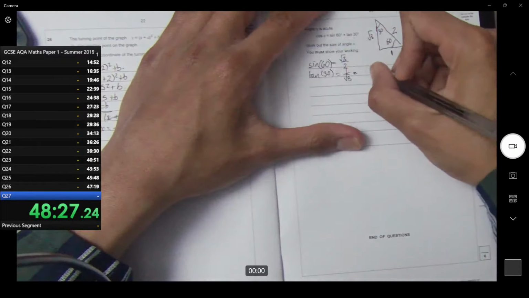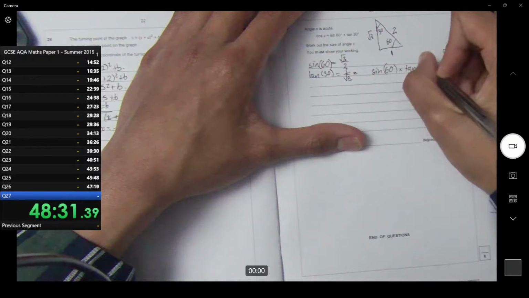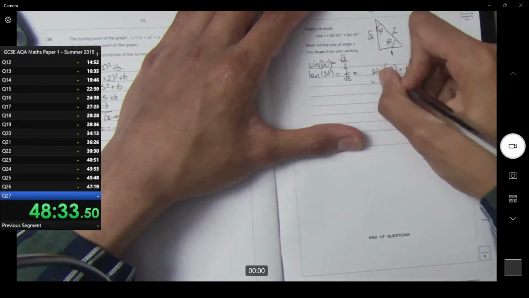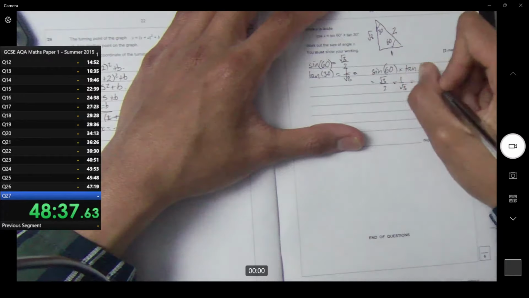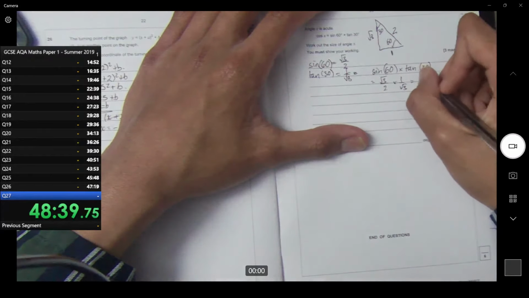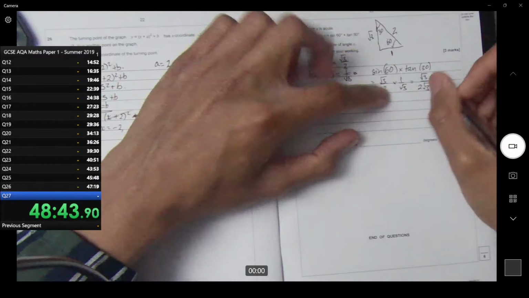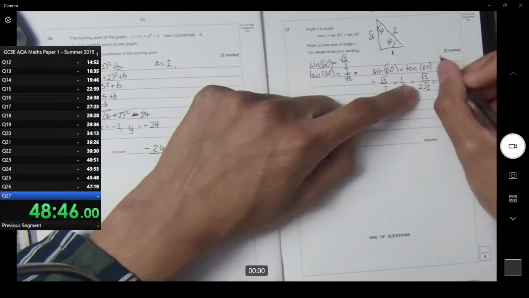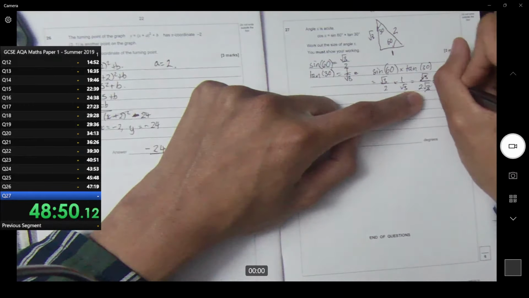Right, so therefore sine 60 times tan 30 is going to be root 3 over 2 times 1 over root 3. If we multiply these, we get root 3 over 2 root 3. And then since we can divide top and bottom by root 3, we get a half.